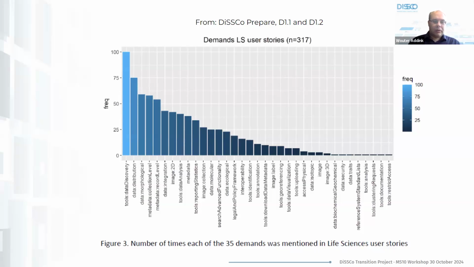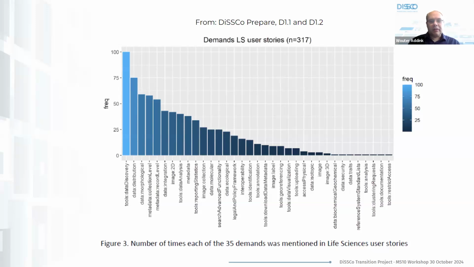If you look at the left part of the graph, then there's a lot of need for data itself: distribution data, morphological data, record level data. These are all things that were mentioned by our potential users.